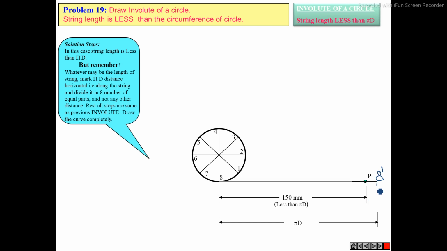Again you are doing it wrong. We are getting an involute from a circle. The maximum length you can wrap or unwrap from a circle is 2 pi r. So which line will you divide into 8 equal parts by the set square method? The 8 dash line, not the 8P line. 8P is the length of the wire. 8 dash is the circumferential length.